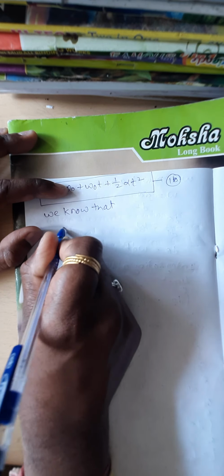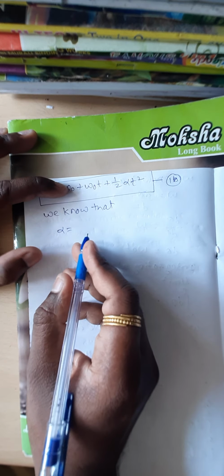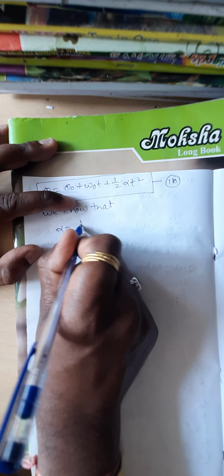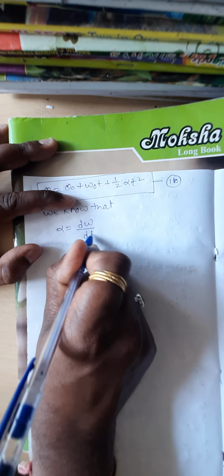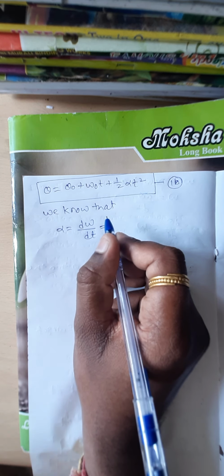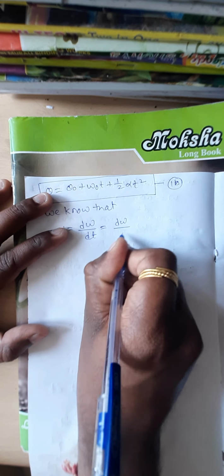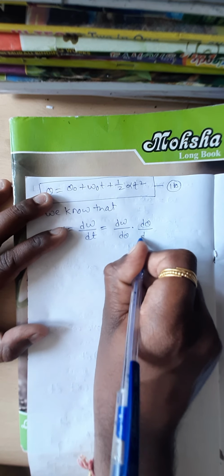that by definition, angular acceleration alpha is equal to d omega by dt. I can split this by multiplying numerator and denominator by d theta, then we get d omega by d theta into d theta by dt.